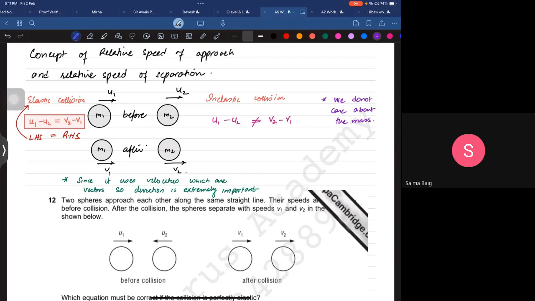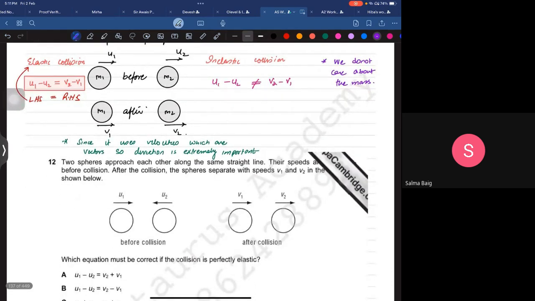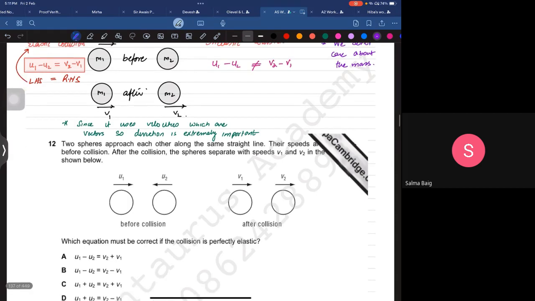All right, kids. For instance, look at this question underneath. It says two spheres approach each other along the same straight line. The speeds are given before collision. After the collision, the spheres separate with speeds v1 and v2 in the diagram shown below. Which equation must be correct if the collision is perfectly elastic?